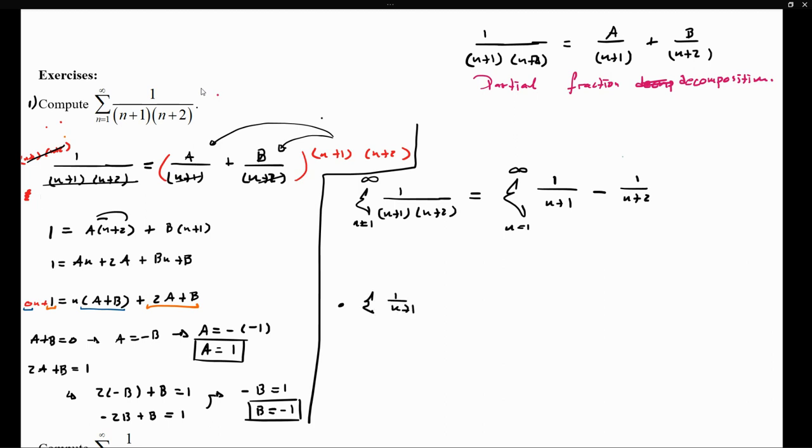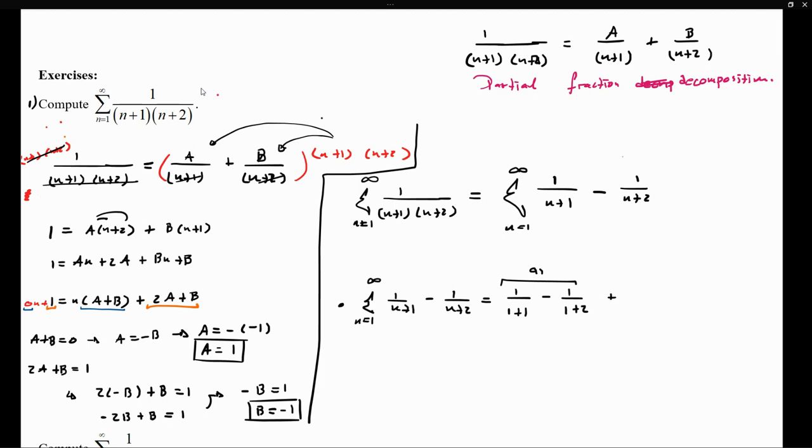So we got 1 over n plus 1 minus 1 over n plus 2. Let's start finding those terms. Let's find out the first term. Well, the first term is going to be 1 over, let n equals 1, so we got 1 over 1 plus 1 minus 1 over 1 plus 2. So this is the first term.